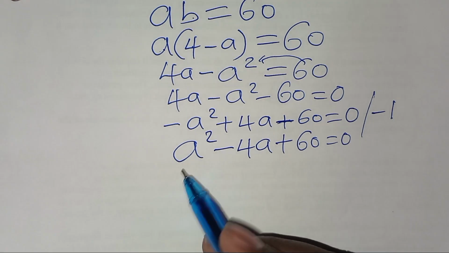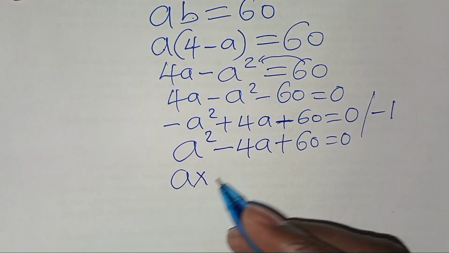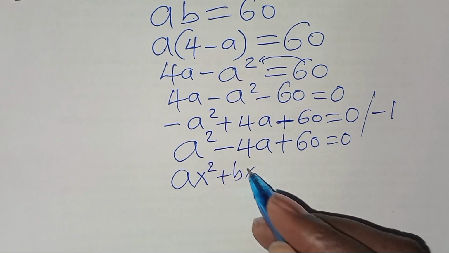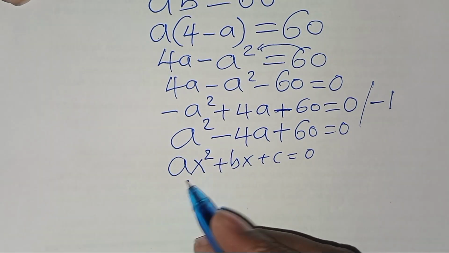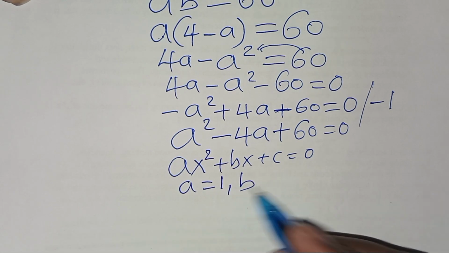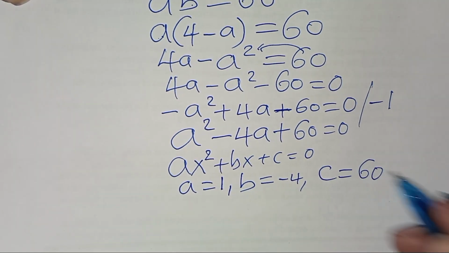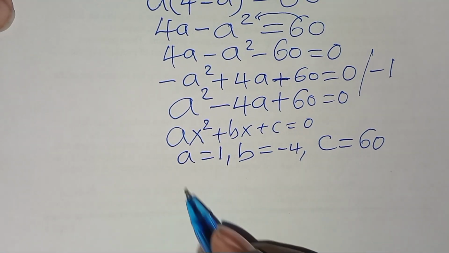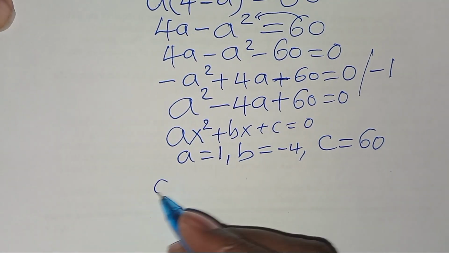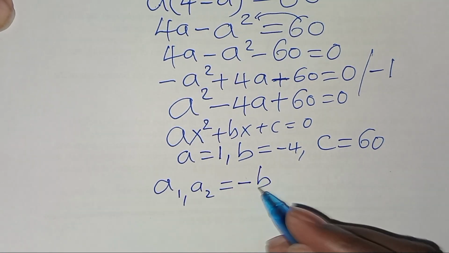This is in the form of ax squared plus bx plus c equal to 0. Now we have that a is equal to 1, b is equal to negative 4, and c is equal to 60.